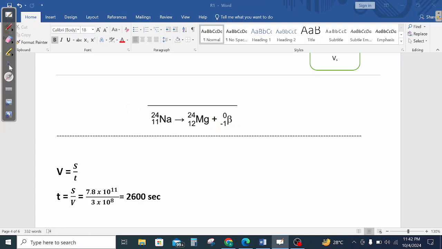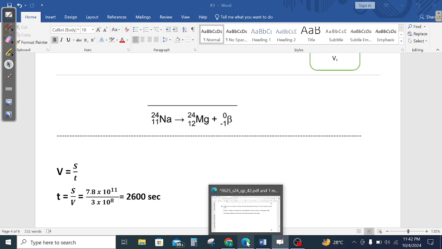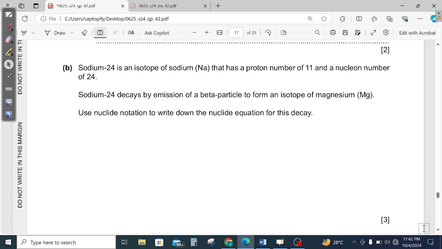Okay, so it is very simple. You must understand other decays like alpha decay and gamma decay. If you understand this terminology, then you can easily solve all the questions related to alpha, beta and gamma nuclide notations.